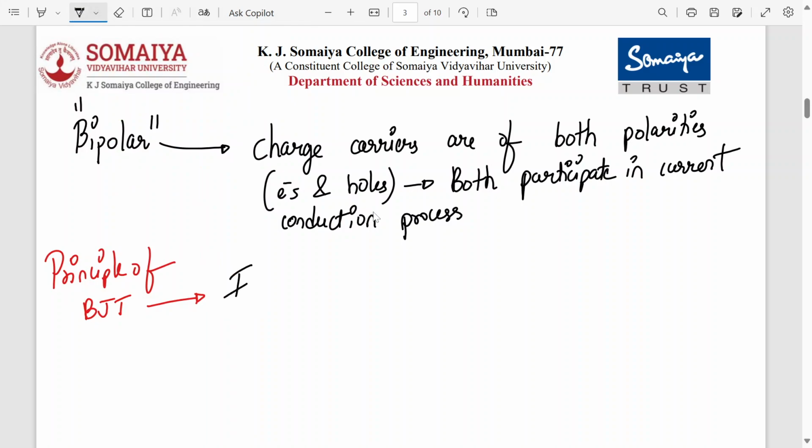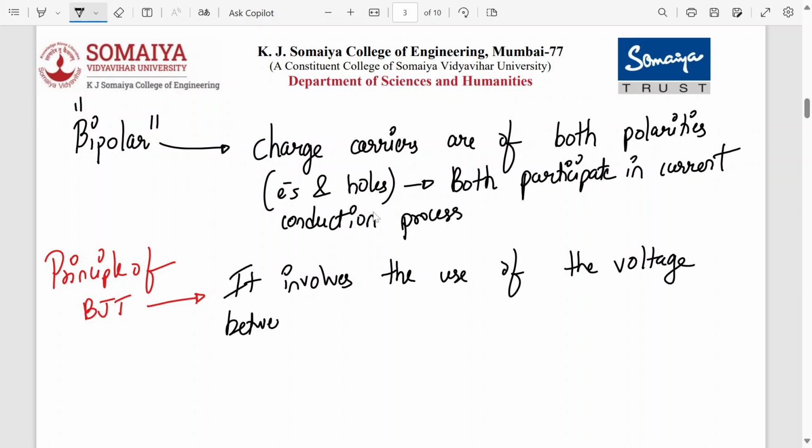Let us write the statement. It involves the use of the voltage between two terminals. The voltage between two terminals here will be VBE, base and emitter terminal.